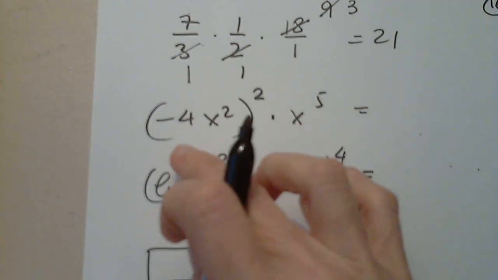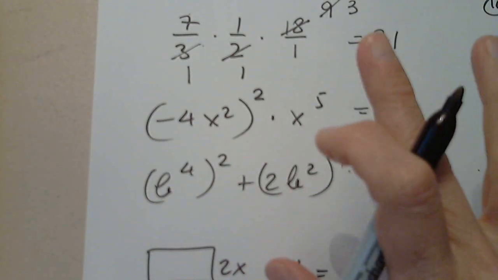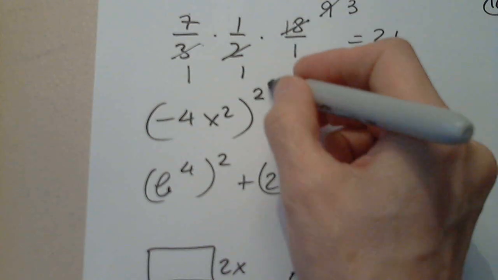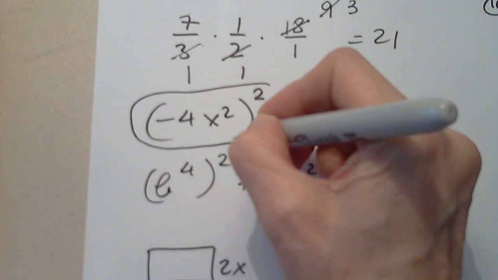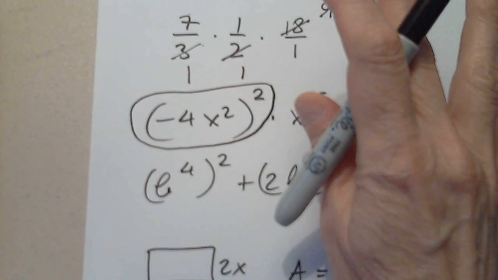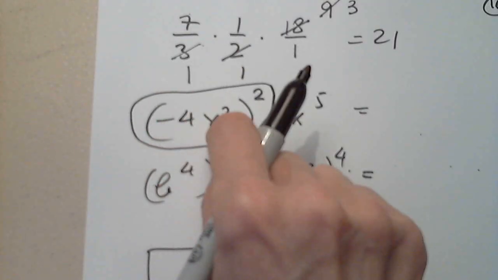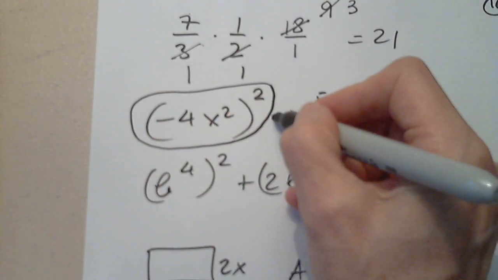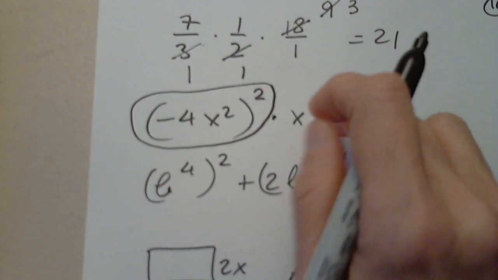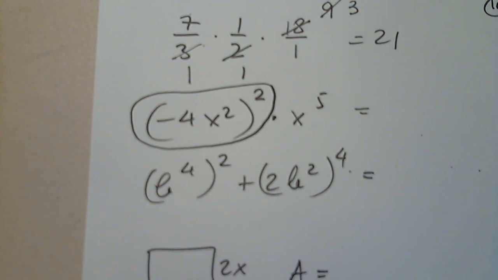So let's start with the first one. Careful, because you have to perform this first, meaning you have to raise these factors to the second power and then multiply by x to the 5th. So let's see what we get.